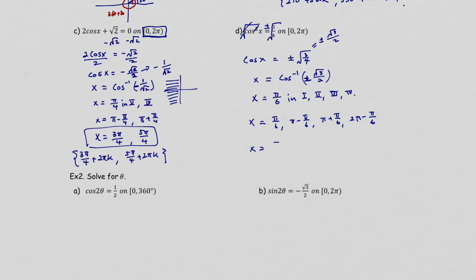That's 6 minus 1, so it will be 5 pi over 6. 6 plus 1, 7 pi over 6. And 12 minus 1, so it will be 11 pi over 6. So if you're only looking for the solutions within one unit circle, those should be the solutions.